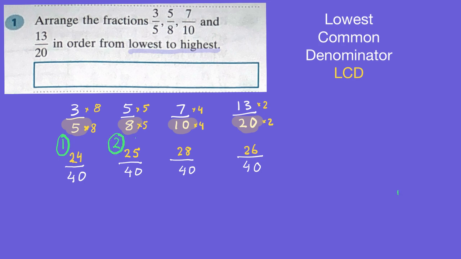The third number is 13/20, and the fourth fraction is going to be 7/10. So we can now write 3/5 first, and the second one's 5/8, and the third one is 13/20, and the highest one is going to be 7/10.